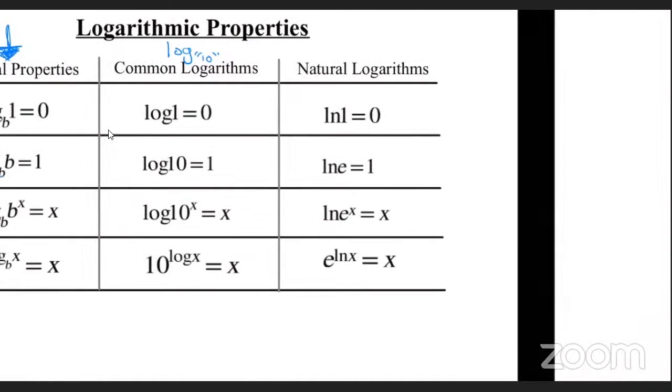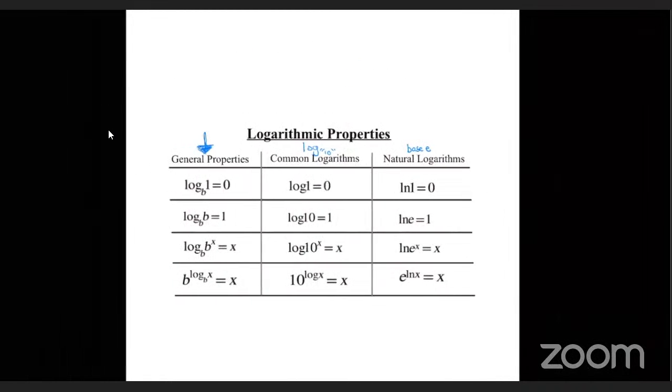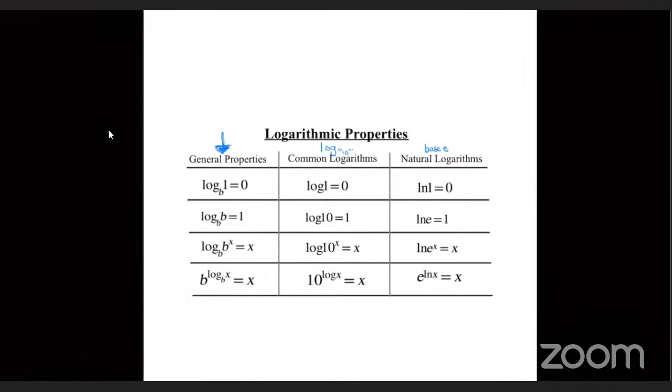And if our base becomes e, remember that's what natural log means, base e, same 4 properties, but again look just a little different with specific base of e. So I would take some time right now, pause the video and get this chart put into your notes so that you can have a quick reference for the logarithmic properties.